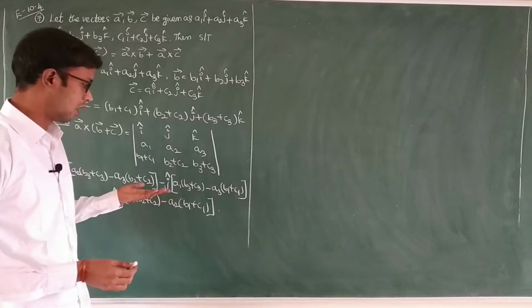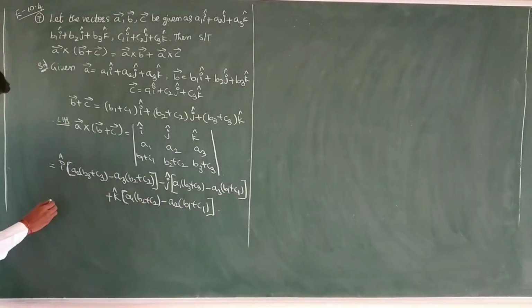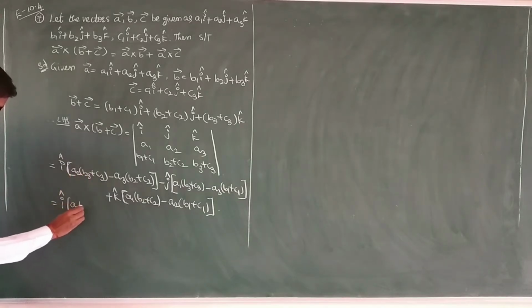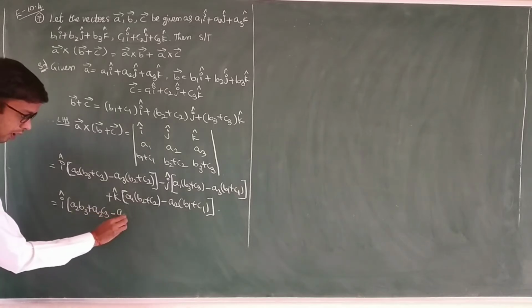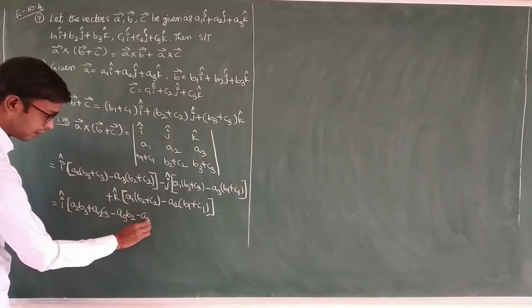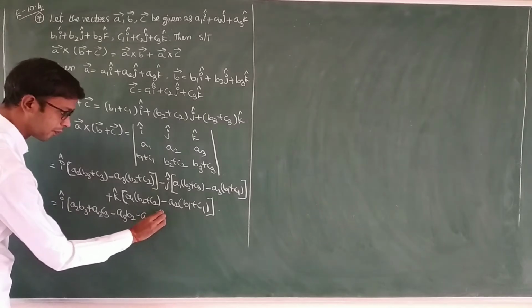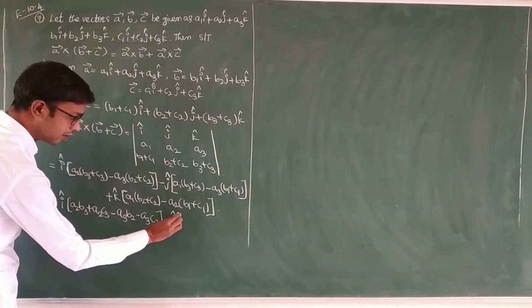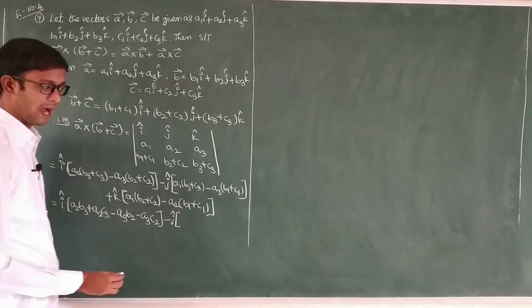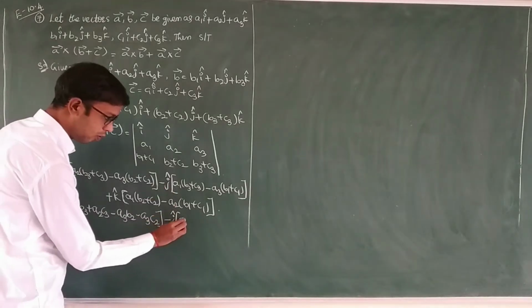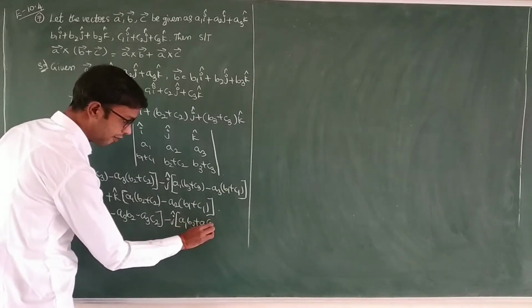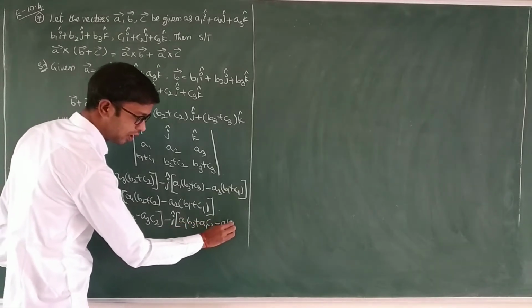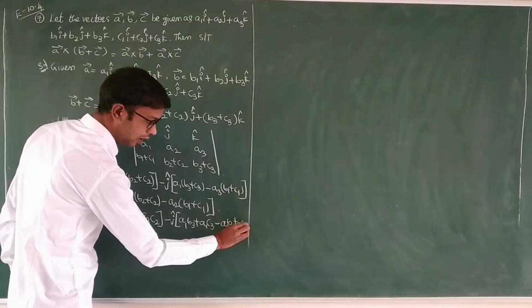Close the bracket. So now make more simplification here. i cap into A2 B3 plus A2 C3 minus A3 B2 minus A3 C2, minus j cap into A1 B3 plus A1 C3 minus A3 B1 plus A3 C1.